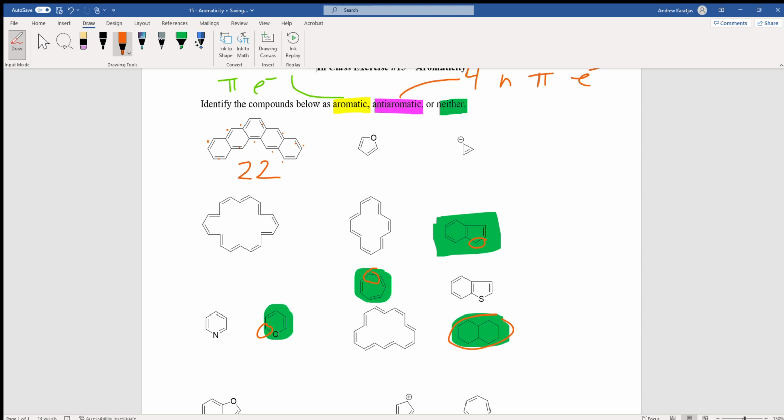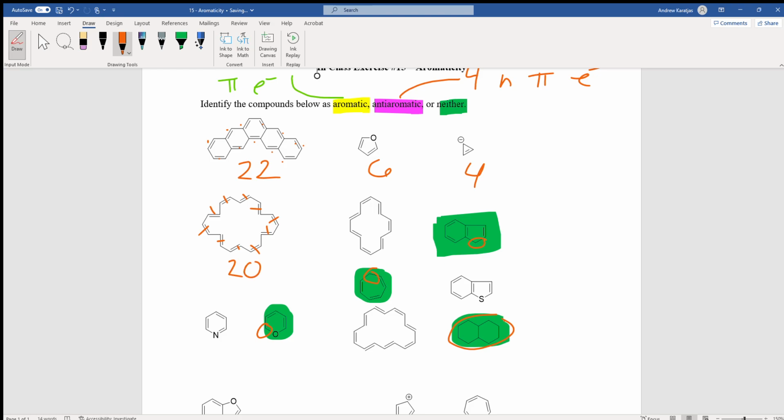The next compound has 2 pi bonds for 4, and then there can be 2 electrons from the lone pair on oxygen for a total of 6. Our next compound has the lone pair plus 2 from the negative charge is 4. We go down here, we're just counting pi bonds. 5, 6, 7, 8, 9, 10. That's a total of 20 electrons.